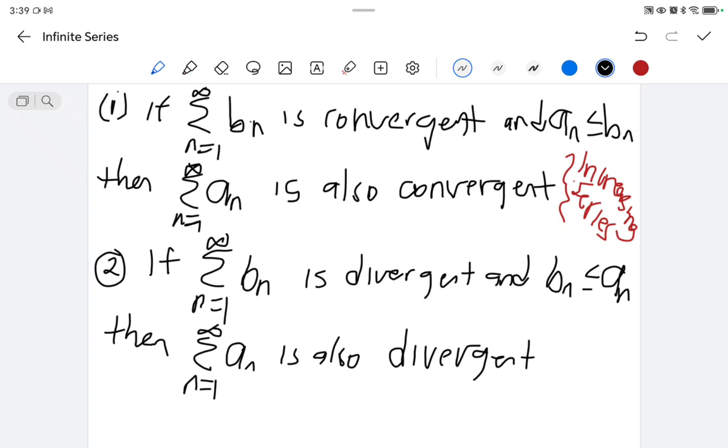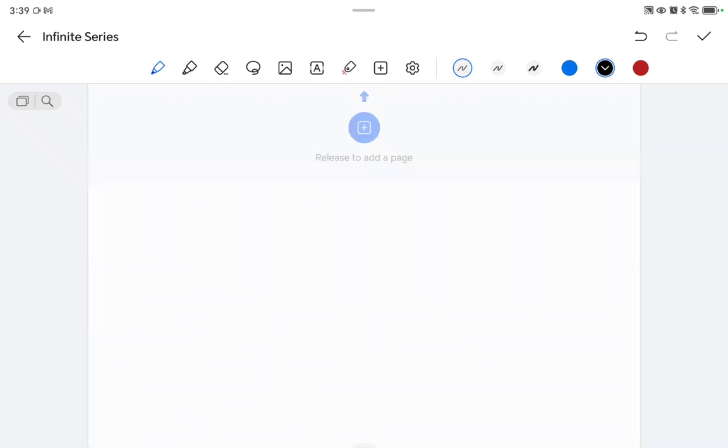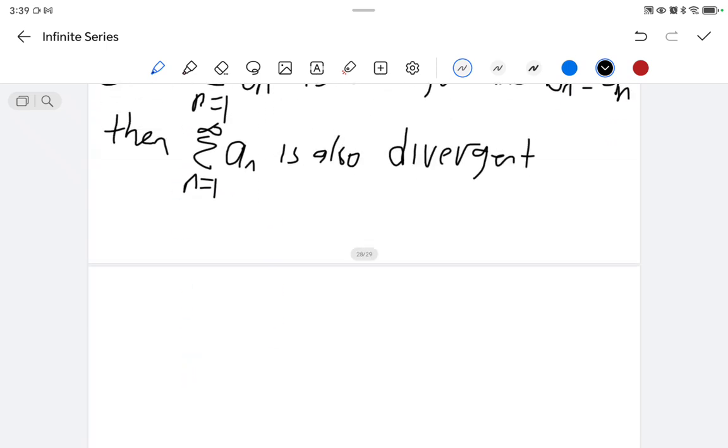So it means that now we can choose any question and try to check how this works, right? So let's say we have the first example.